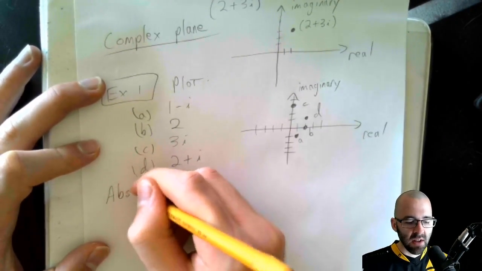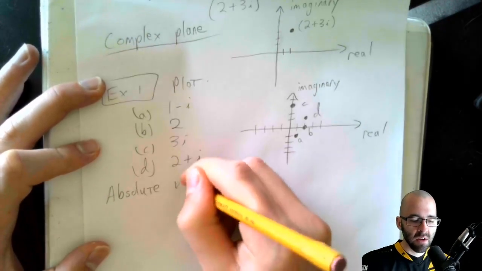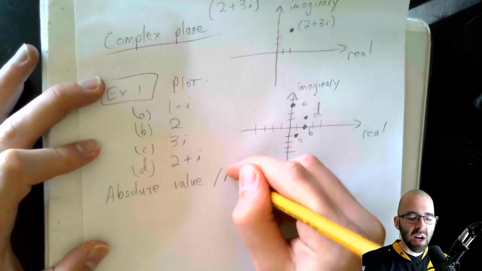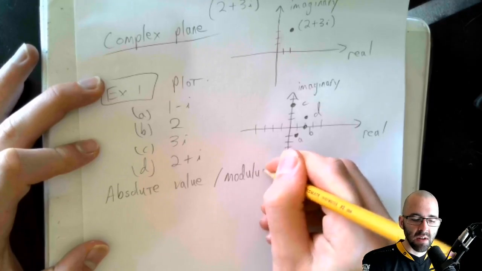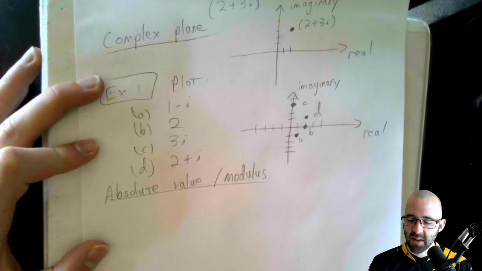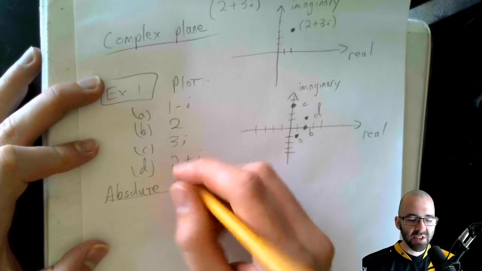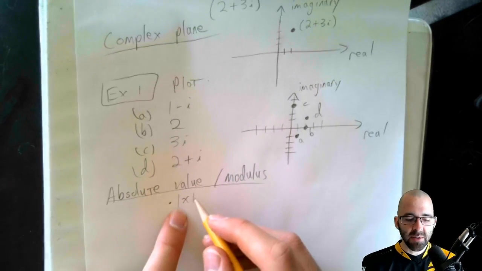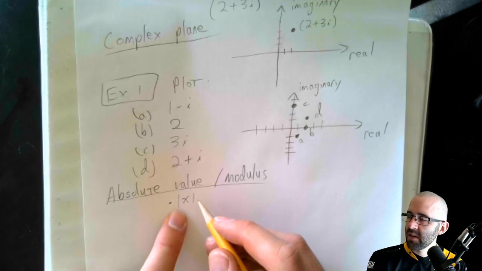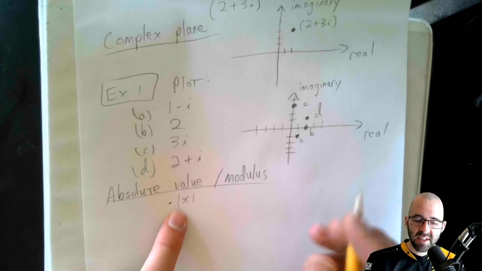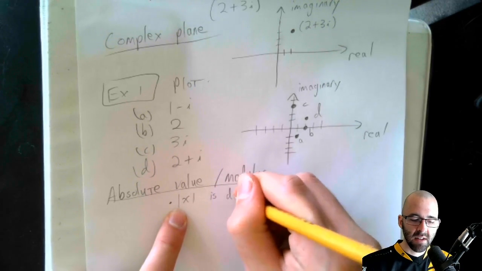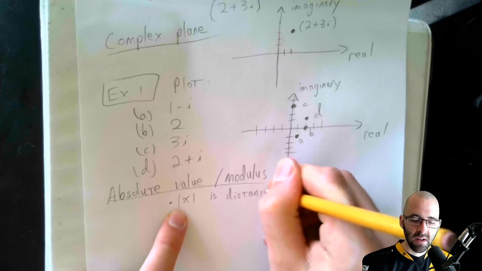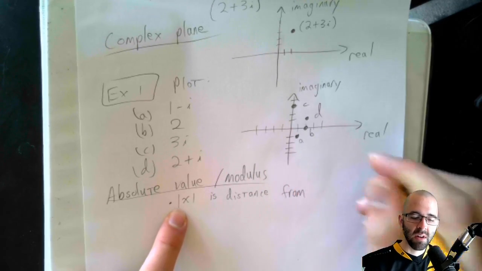So real quick, let's extend some more notions. The absolute value or modulus of a complex number is just the extension of what it is for real numbers. The absolute value for a real number is just its distance from 0.